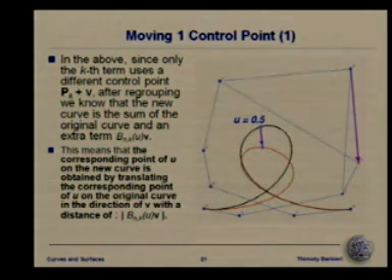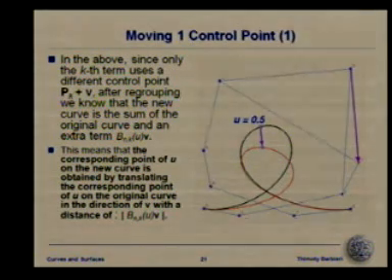You see in this example, I am moving this point from here to here. This has a bigger effect in the vicinity of the curve, but actually you have changes also in parts of the curve which are rather far from the control point that I have chosen.